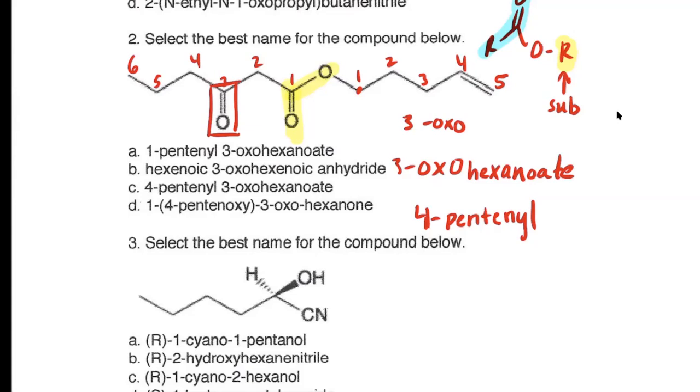You always want to put a space in between the parent ester as well as the R group. So that's why you have to have the space right there. And then we continue with 3-oxohexanoate. So that's what I would put for this answer.